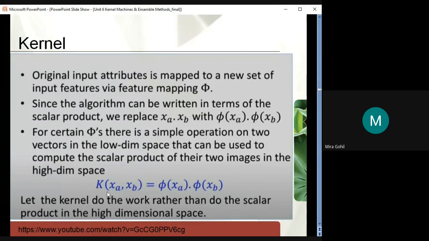So kernel k of xa comma xb is equal to phi xa dot product phi xb. Okay, in some cases it is very easy, only vector dot product, and in some cases it can be complex. Okay, it always depends on your problem statement. So the kernel does the work rather than doing the scalar product in the high dimension space.